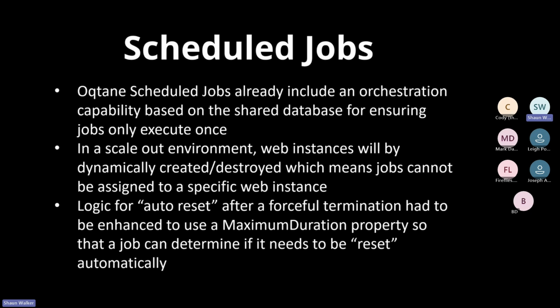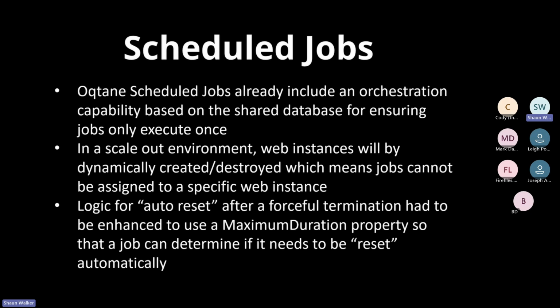Because of that, they had to introduce a new set of logic with a maximum duration for a job, which basically says this job will only ever run for 30 minutes, let's say. If it's been running for more than 30 minutes, then it's probably not running, or some illogical scenario has happened in the environment, and it should be reset. This provides that auto healing capability to reset jobs.